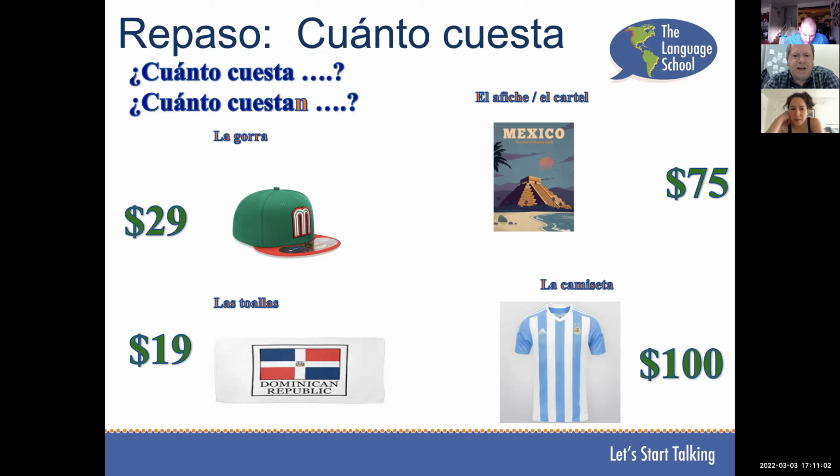El afiche cuesta 75 dólares. ¿Cuánto cuesta la camiseta? La camiseta cuesta $100. Is that everything? Yep, sí.